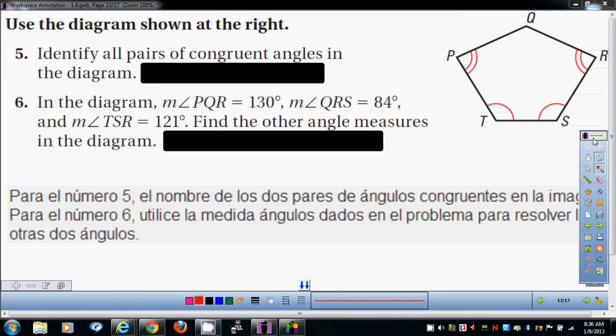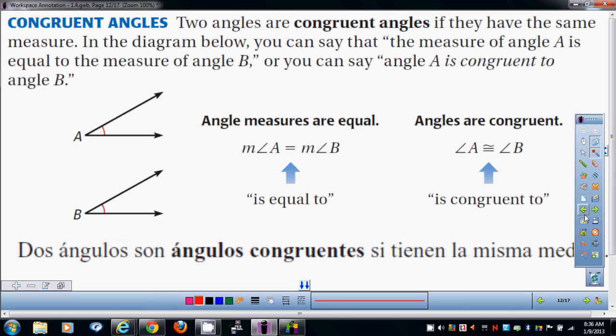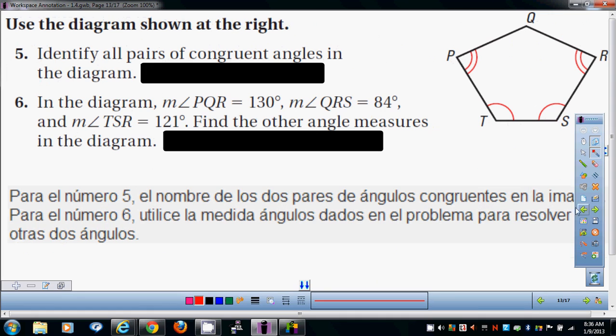Oh, but as it turns out, I'm not even to where I thought I was yet. The thing you need to notice in this picture, see how they both have one loop? Matching number of loops will tell you which angles are equal in a picture. That's how you denote them. So, in this picture, identify all pairs of congruent angles.